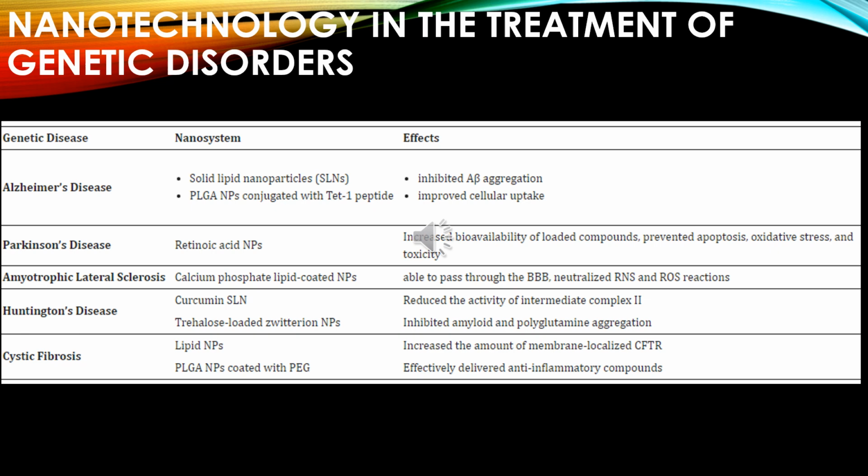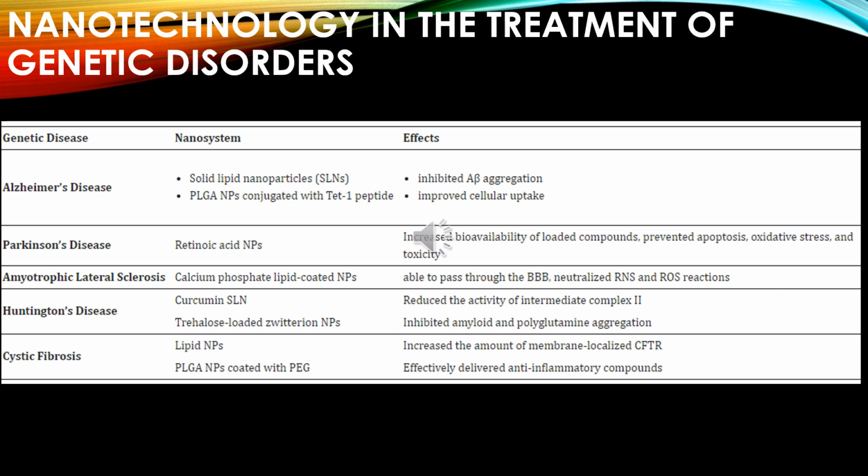Next is Huntington disease. Curcumin, SLN, and trehalose loaded zwitterion nanoparticles have been used. I told you zwitterions are the best nanoparticles to cross the blood-brain barrier in the previous slides. This reduced the activity of mitochondrial complex 2 and inhibited amyloid and polyglutamine aggregation. Next is cystic fibrosis.